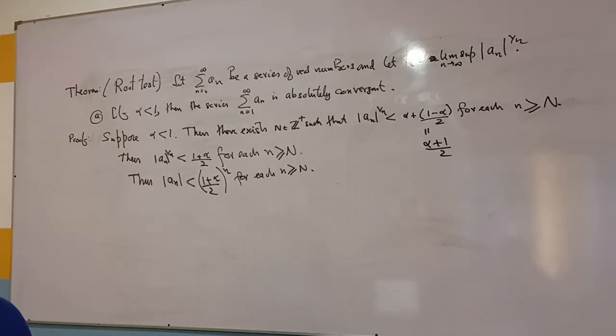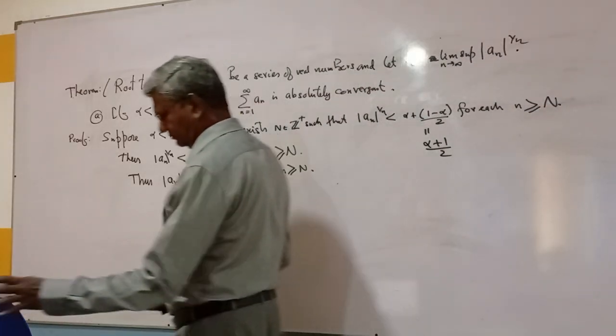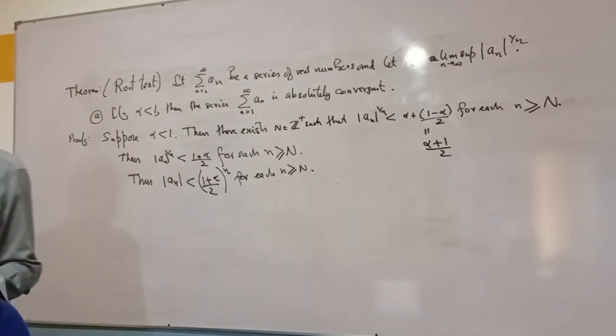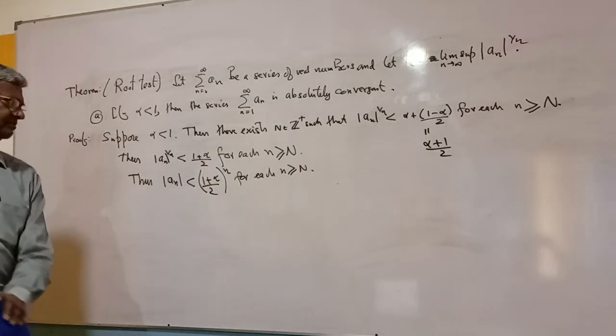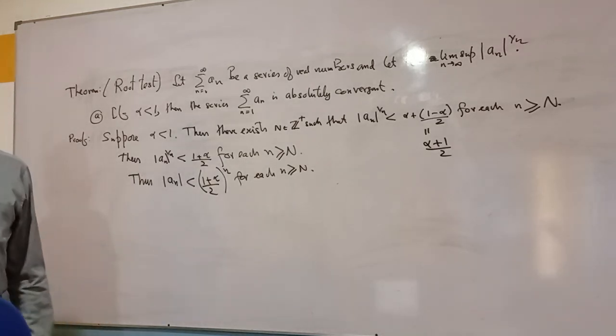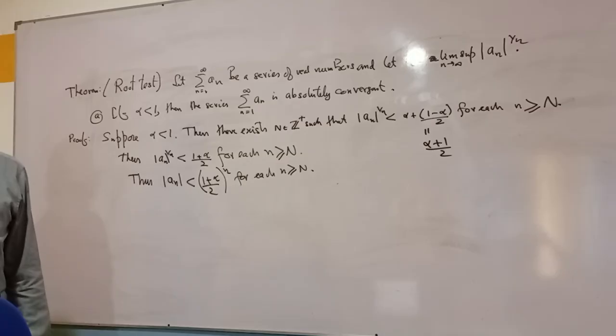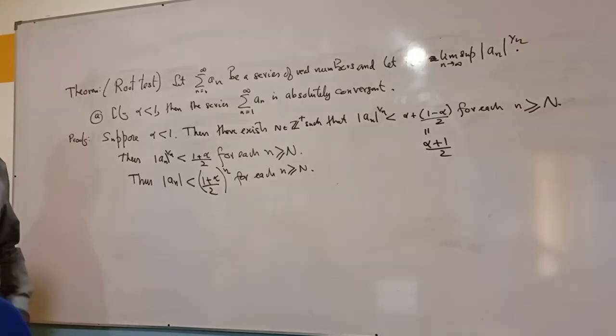Now what can you say? (1 plus alpha) over 2 is less than 1. So 1 to that thing to the power n, when you take the limit, goes to 0. So the limit of |a_n| should equal 0.